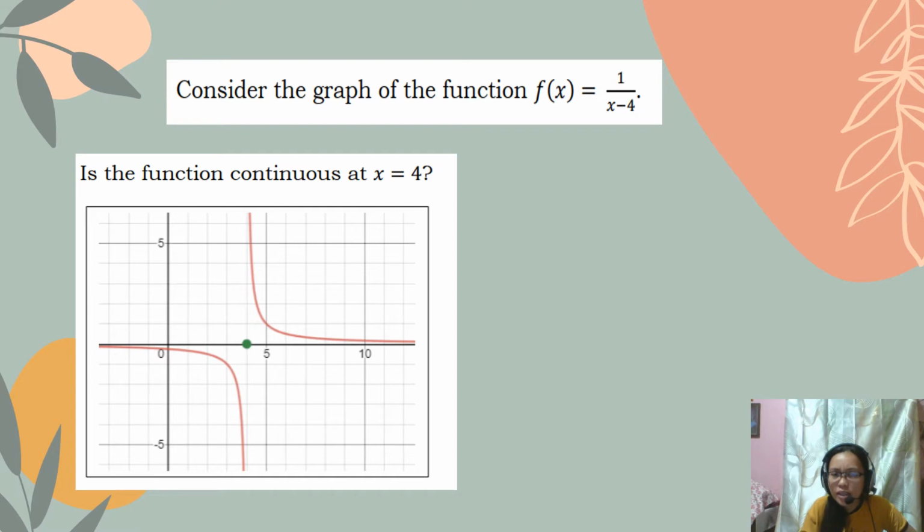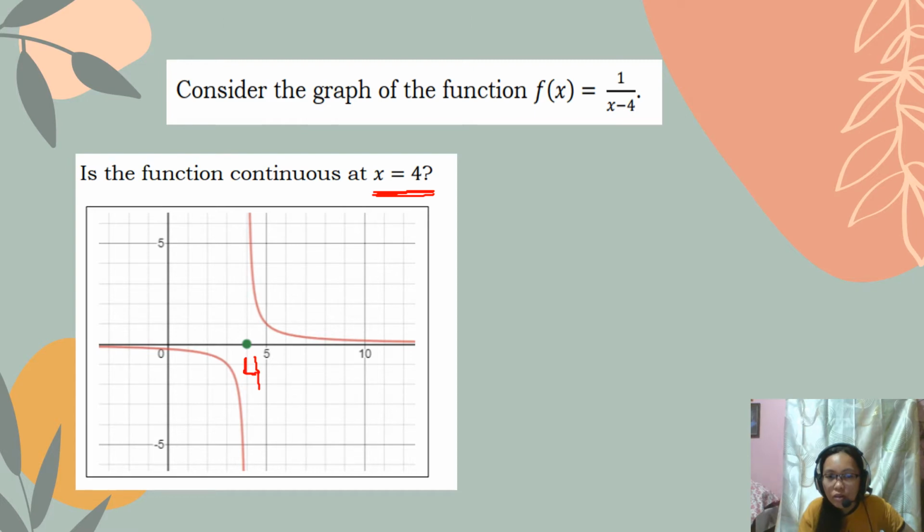The question is, is the function continuous at x equals 4? So first step, you have to locate the given point, and that is x equals 4. Again, this is the x-axis. So x equals 4. Obviously, this is 5, so meaning to say this is 4, the green point.